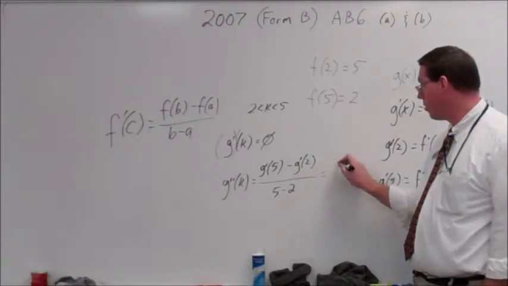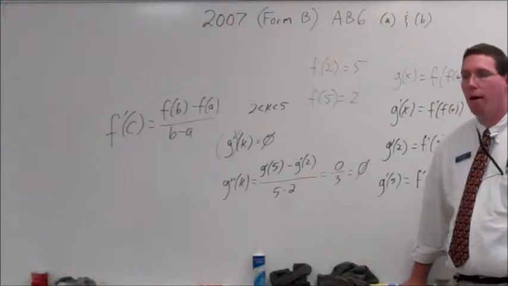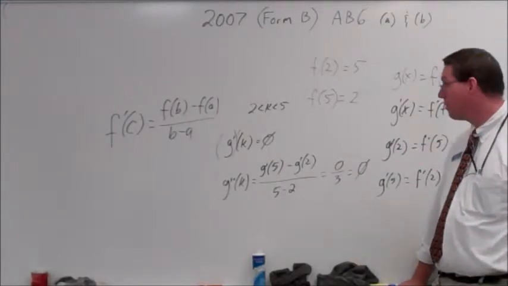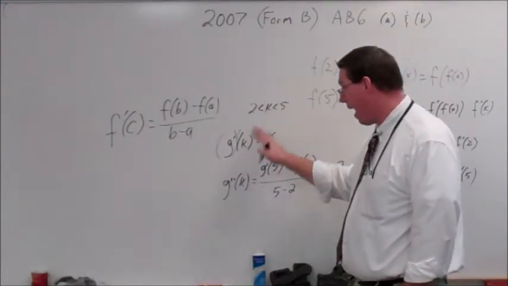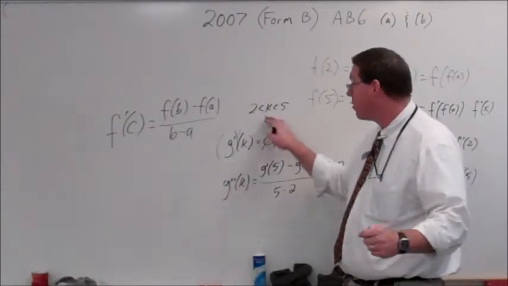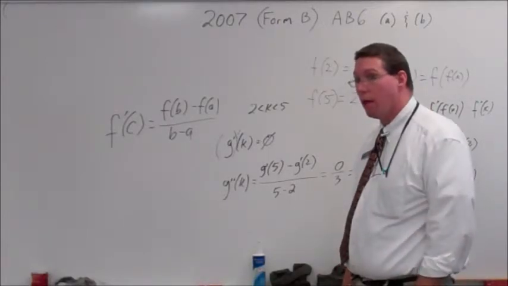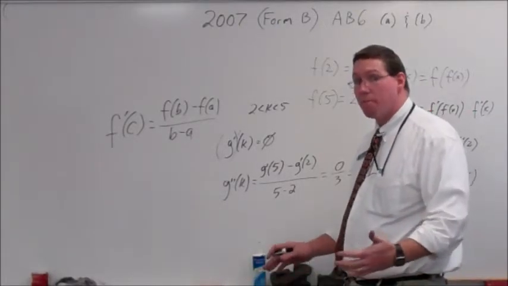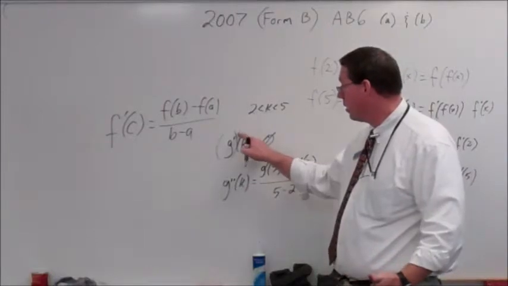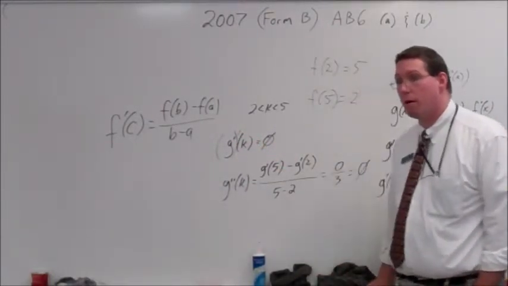That equals 0 over 3, which equals 0. So the average rate of change of g prime on the interval from 2 to 5 is 0. Therefore, somewhere on that interval, the instantaneous rate of change of g prime has to equal 0.